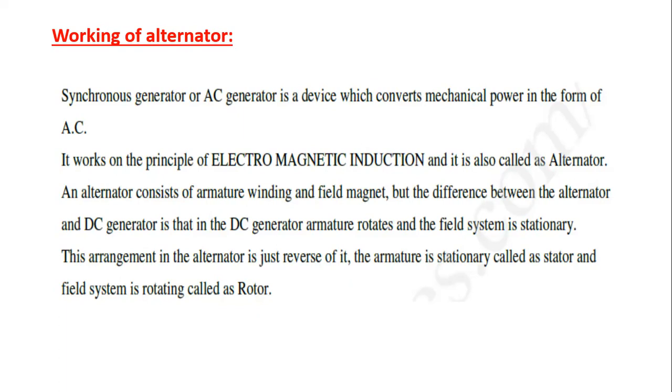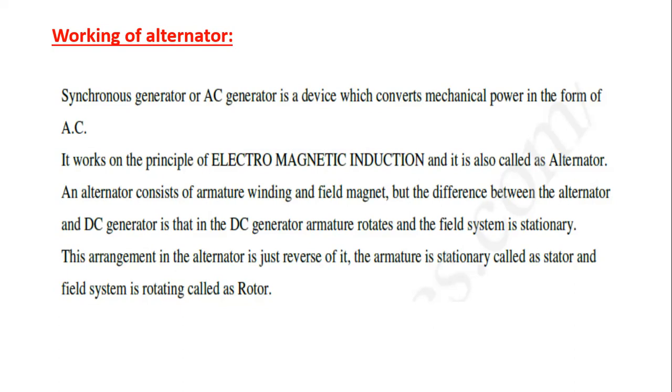Therefore, the alternator is also called the AC generator or the synchronous generator, which converts mechanical power to AC power. It consists of two parts, stator and rotor. In the stator, we have the armature winding and armature core, and in the rotor, we have the magnetic field.